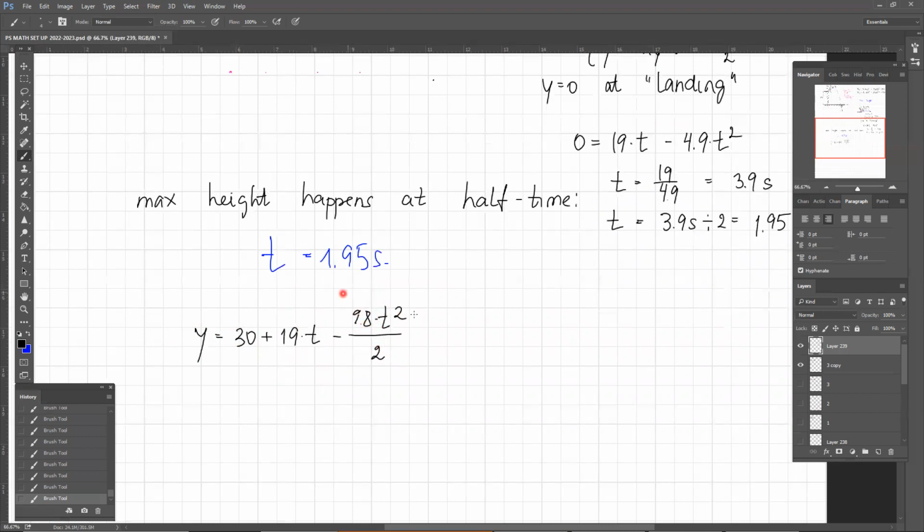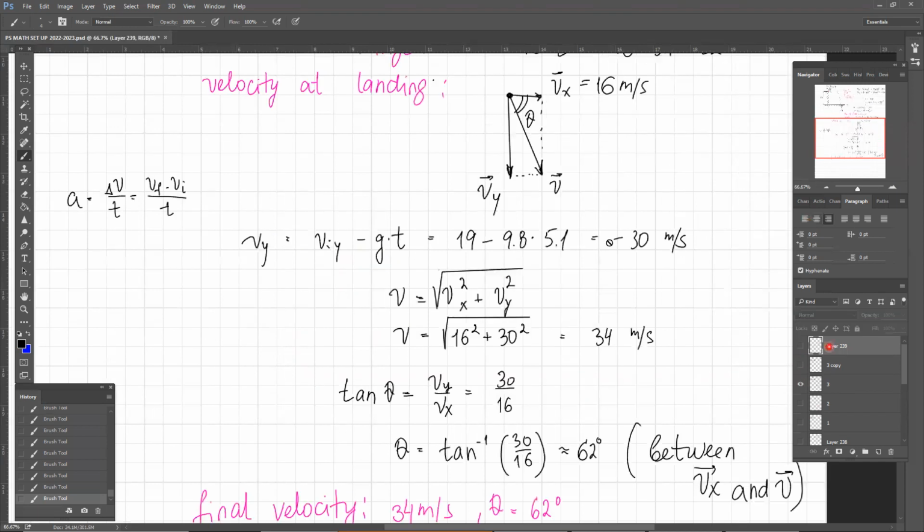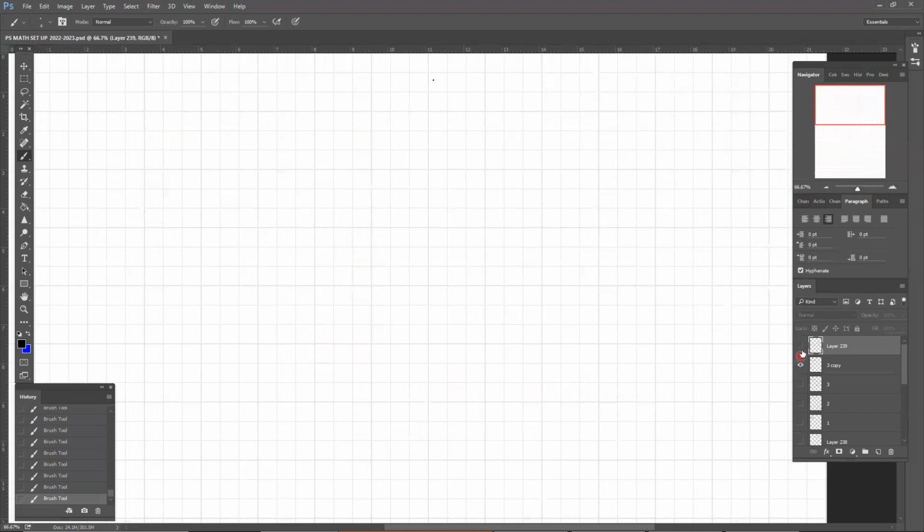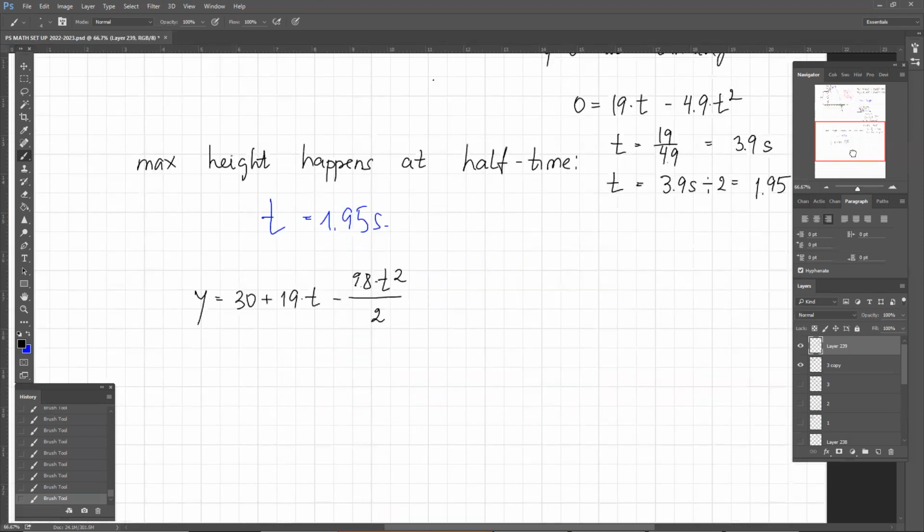It was our original equation, which was right here. This is it. So we can use that.